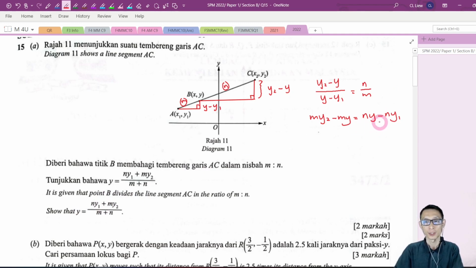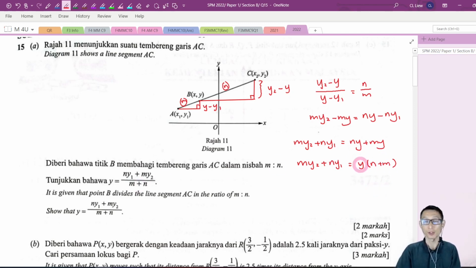Okay, so this one, I'm going to move it to another side. So m y2 plus n y1 is equal to this one, just copy. This one move to here, become plus my. Okay, now m y2 plus n y1 is equal to, here I'm going to factorize y out, y times n plus m. Okay, now almost here.